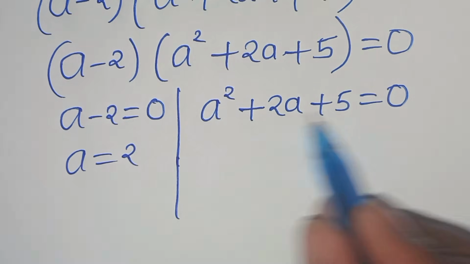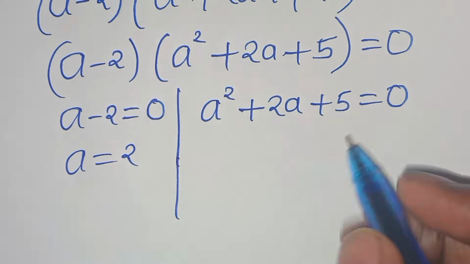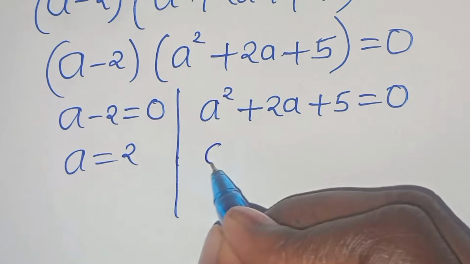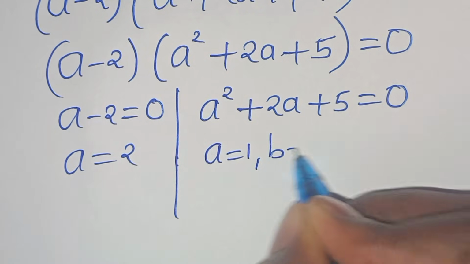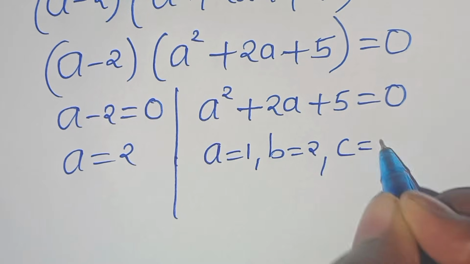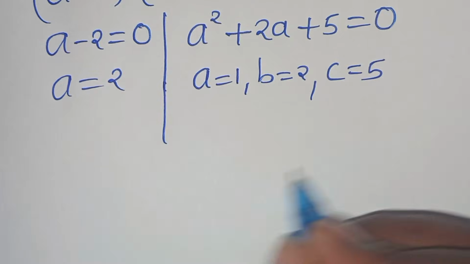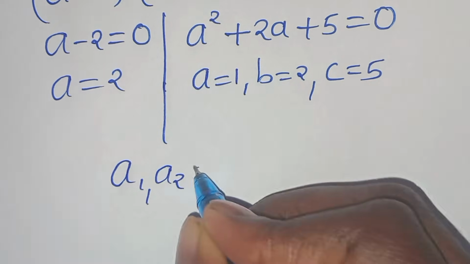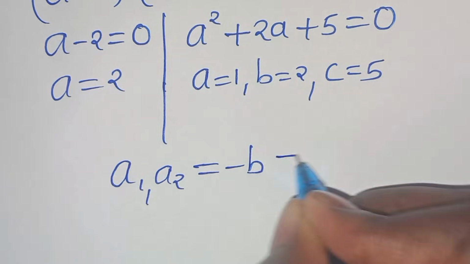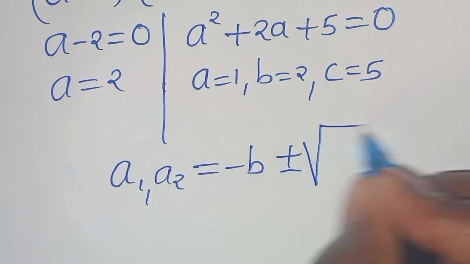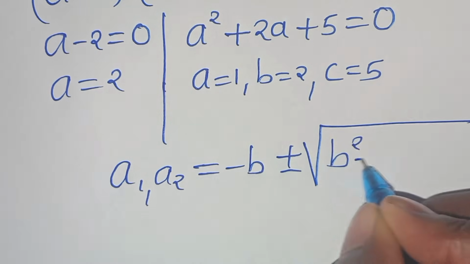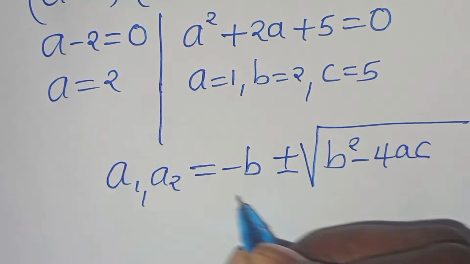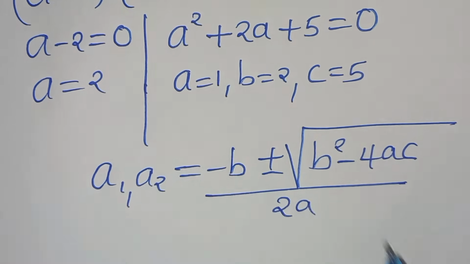This is a quadratic equation where we have a is equal to 1, b is 2, and c is equal to 5. So we can use the quadratic formula to solve for a1, a2, which is equal to minus b plus or minus the square root of b squared minus 4ac, divided by 2 times a.